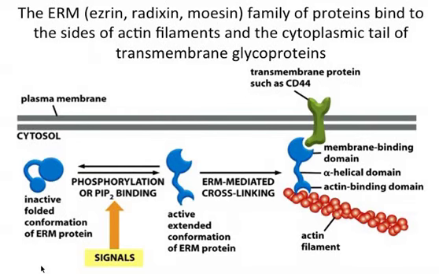Okay, so there's the ERM family of proteins, and that's ezrin, radixin, and moesin. They bind to the sides of actin filaments and to the cytoplasmic tail of transmembrane glycoproteins. So what does this mean? Here's your plasma membrane, here's your cytosol, and let's say you have some kind of membrane protein, a receptor.